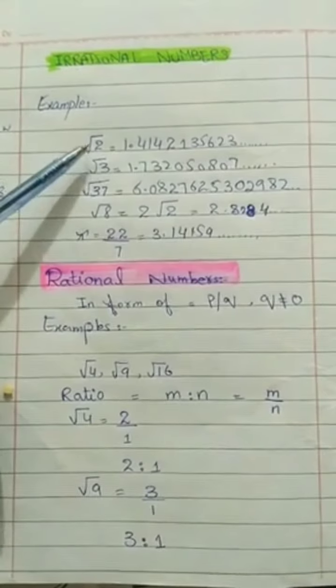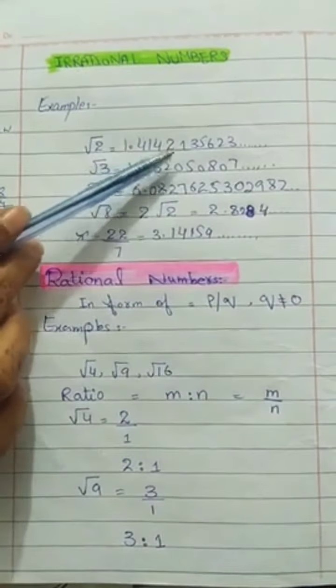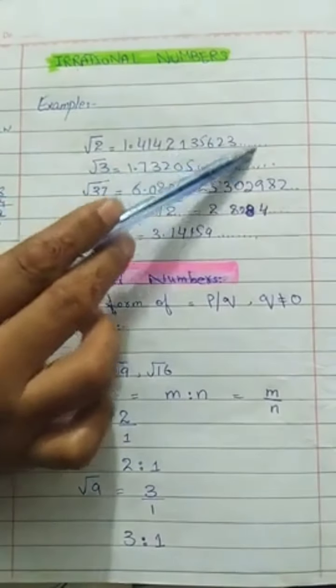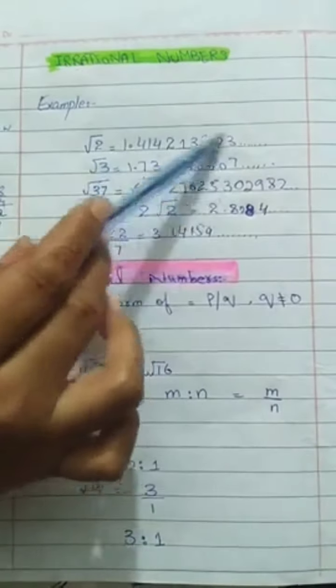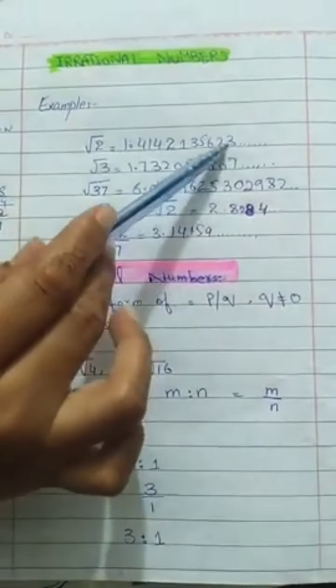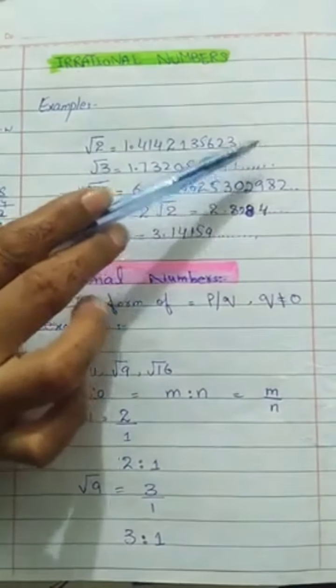For example, under root 2 equals 1.4142135 and so on, infinite. It means that this is an irrational number because it is not written in the form p by q and it is an infinite value.